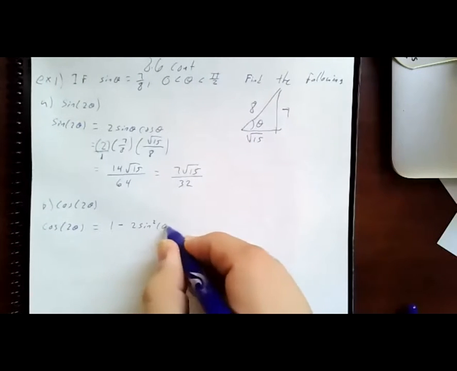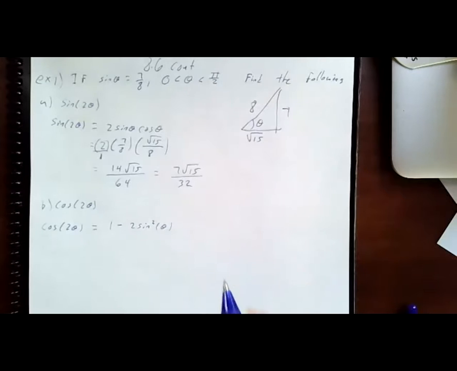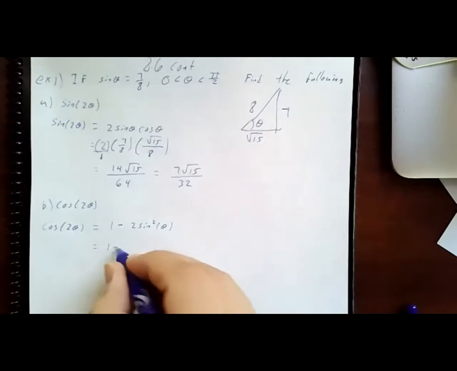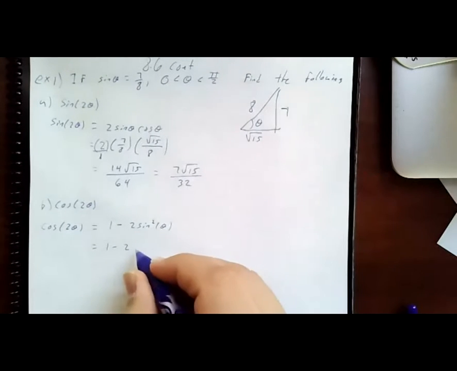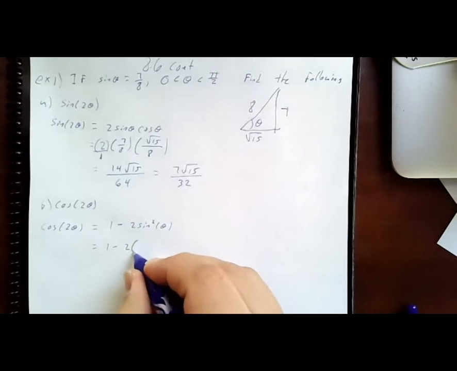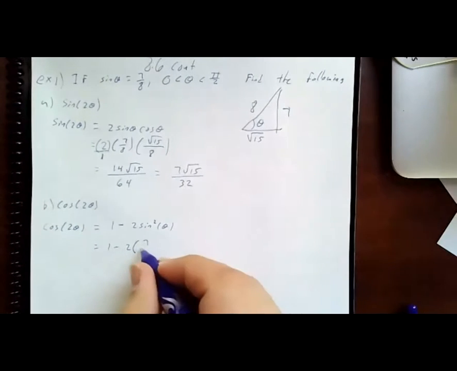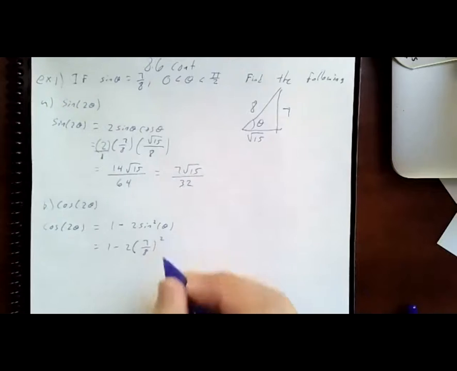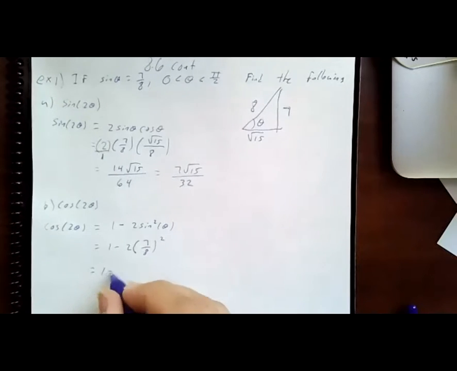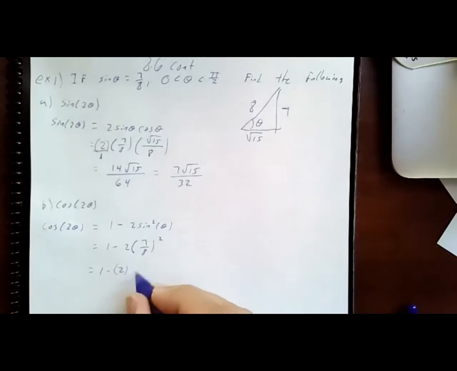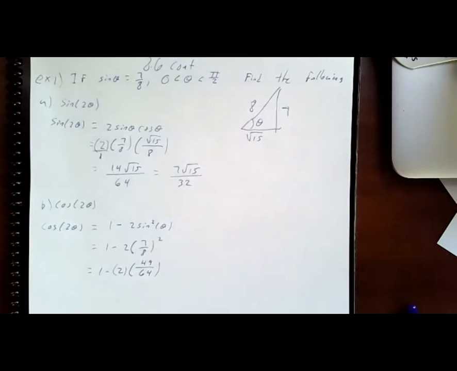So this will be 1 minus 2 times sine squared, with sine being 7/8. So it'll be 1 minus 2 times 49 over 64.